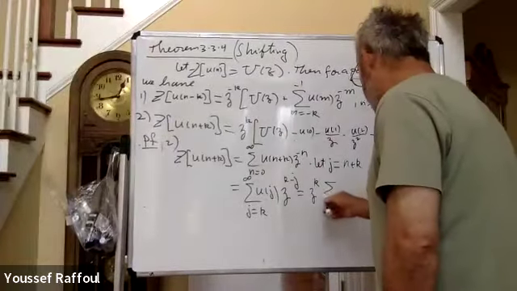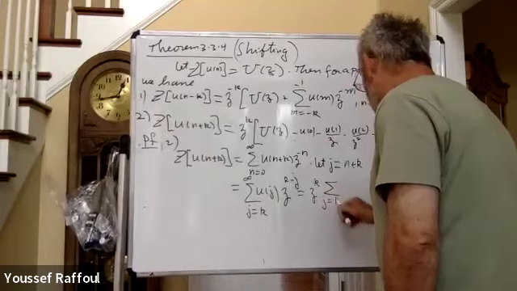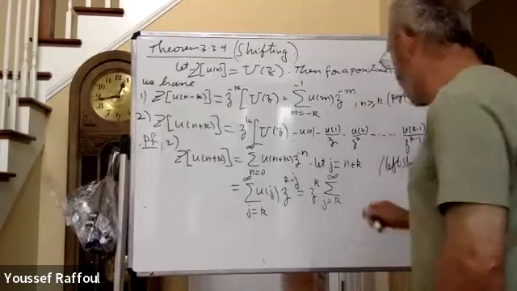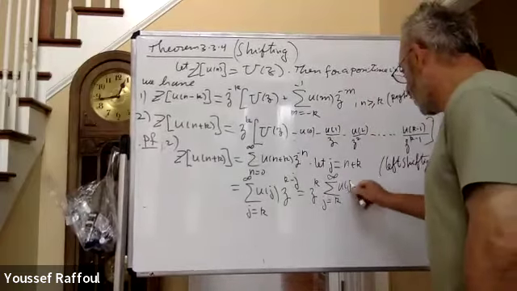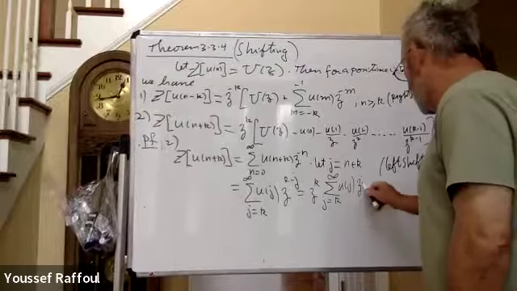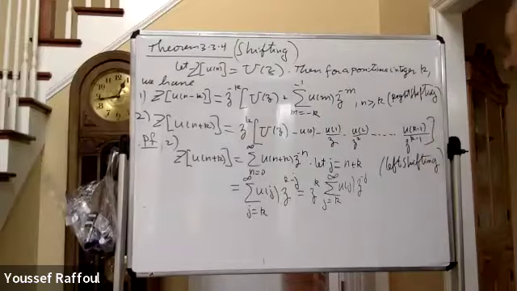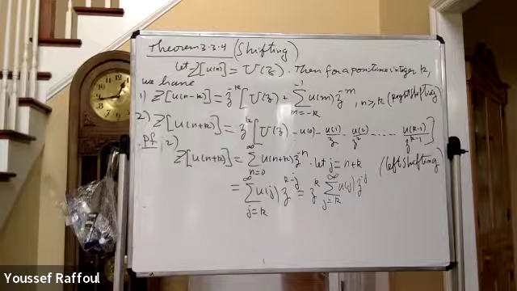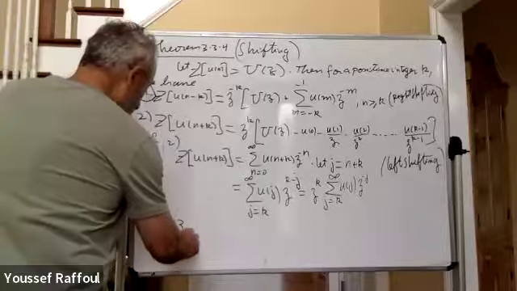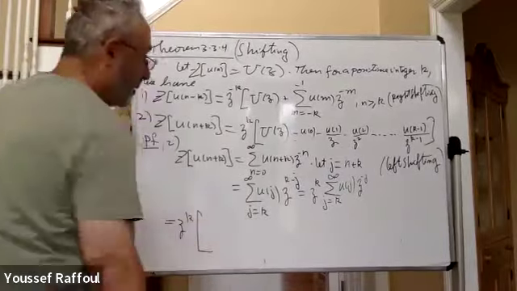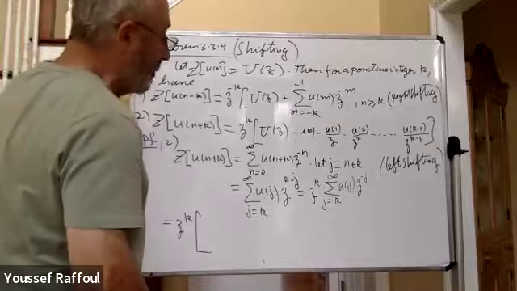And then the sum j equal to k to infinity of u_j z^(-j). So I have z^k.